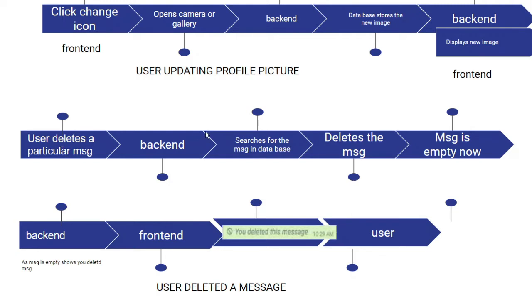When we click on delete message, it searches the record in the database and empties the message. After deleting, it shows that the message is empty and deleted, the status is updated to deleted, and then the format of that message is changed. So this is how the process works.